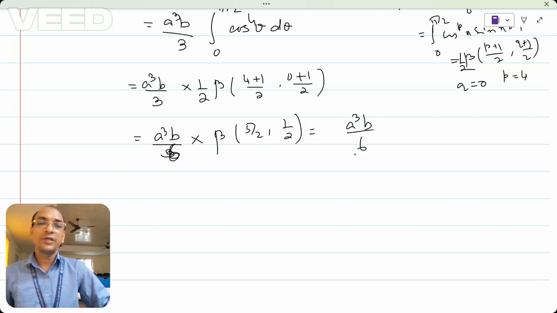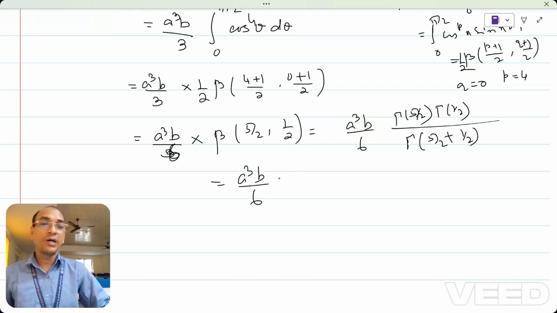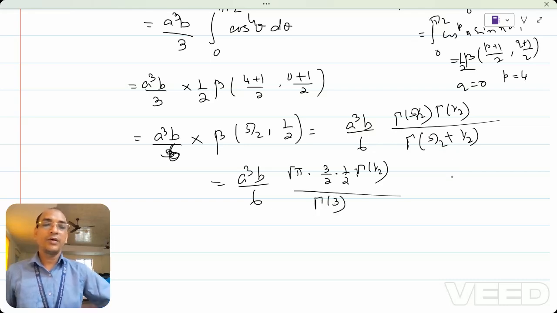This is equal to a cube b by 6 into gamma of 5 by 2 gamma of 1 by 2 divided by gamma of 5 by 2 plus 1 by 2, and that will equal to a cube b by 6, and this one will be gamma half is root pi, and this one will be 3 by 2 into 1 by 2 into gamma half divided by gamma of 6 by 2, which is gamma of 3.